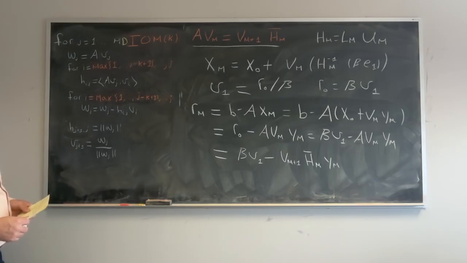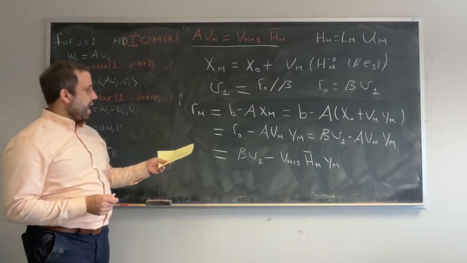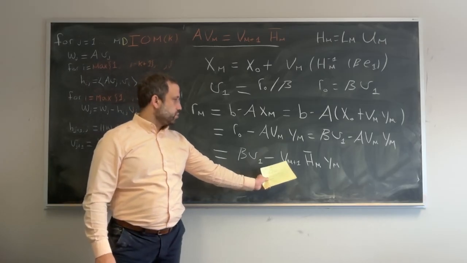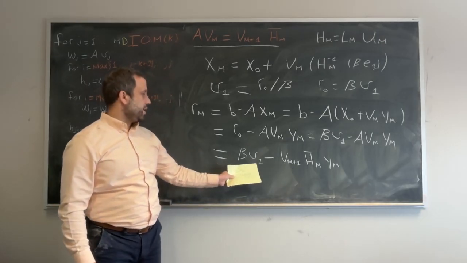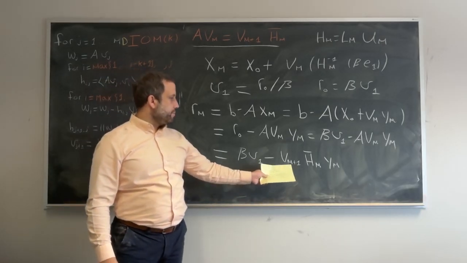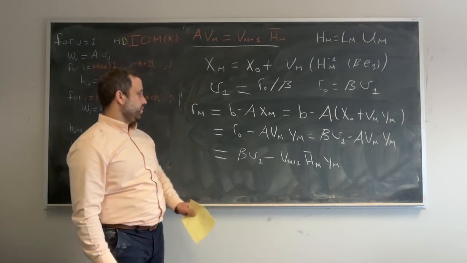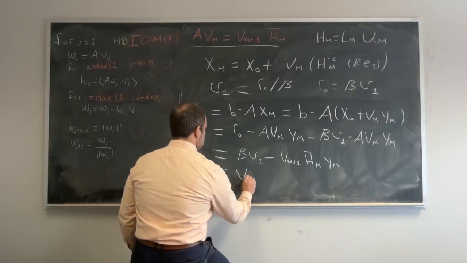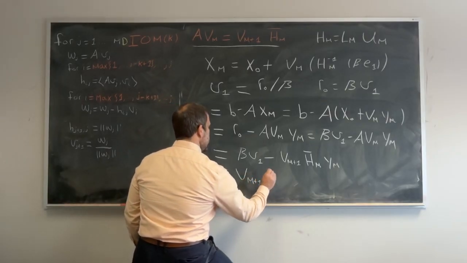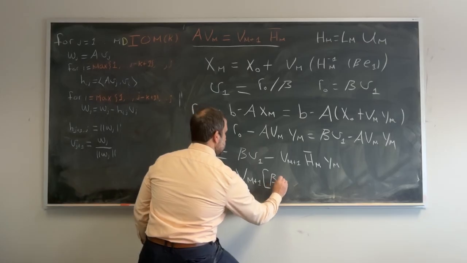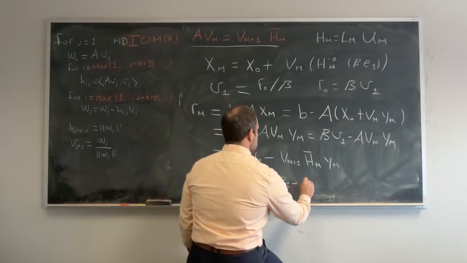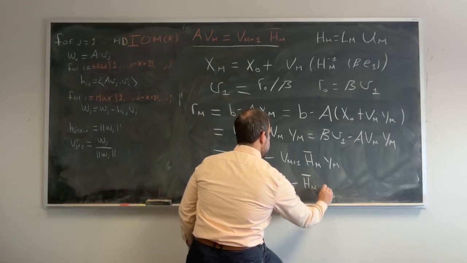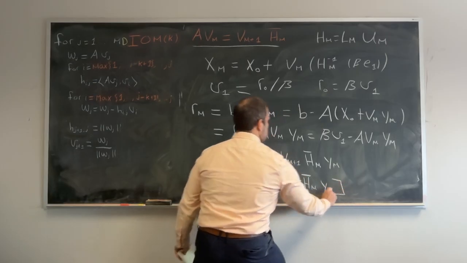But now, hold on, let me make sure I have this right. Okay, so notice that the first column of V_{m+1} is simply V1. So V_{m+1} times e1 is equal to V1. So I can basically factor out a V_{m+1} and get V_{m+1} times (beta e1 minus H_m bar y_m).